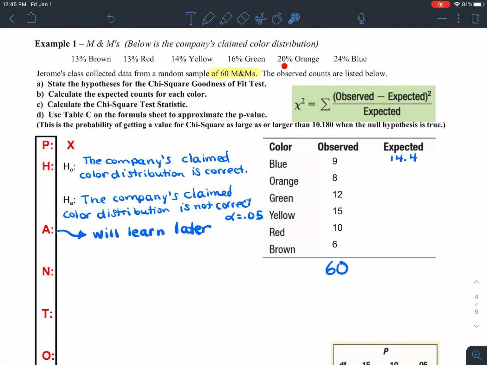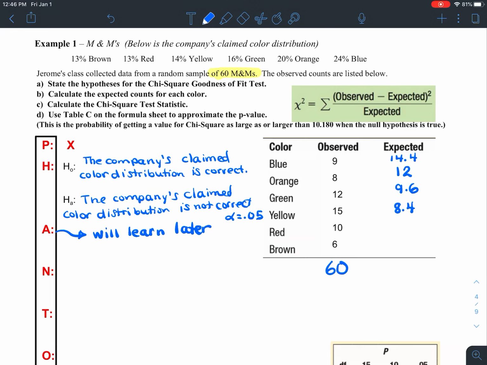We move down here to orange. The claim is that 20% are orange. Our sample size was 60. We should be multiplying 0.2 times 60. We would expect 12 of the 60 to be orange. So you kind of get the idea here. I move over here to green. 16%, I'm going to do 0.16 times 60. That's going to be 9.6.